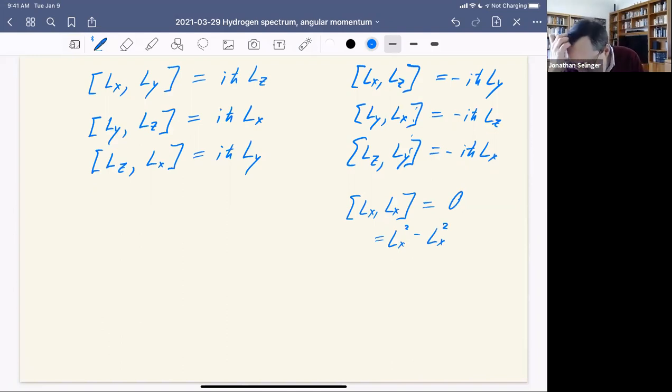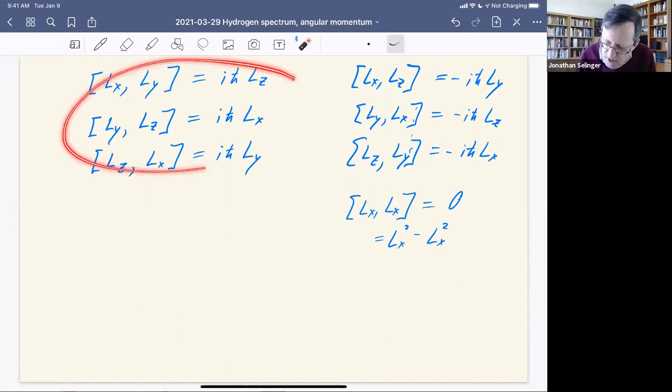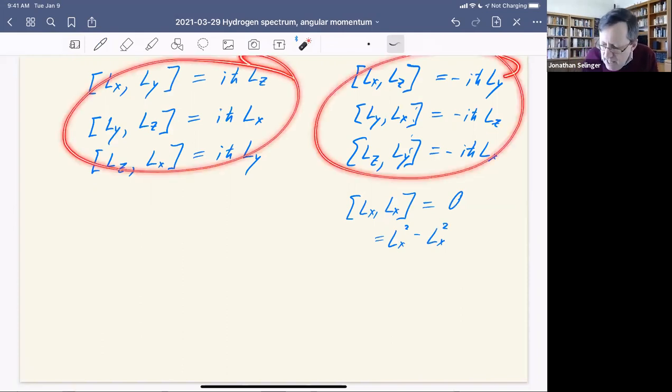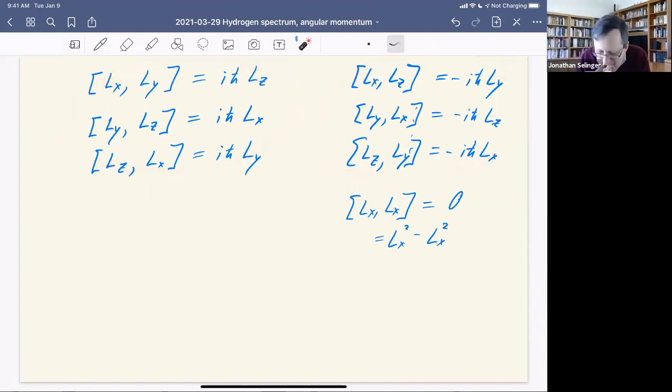Okay, so these three, and of course these three, tell us something important about angular momentum.